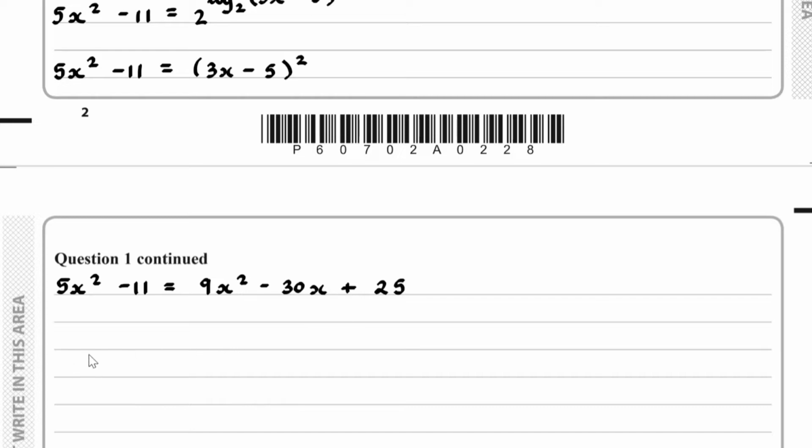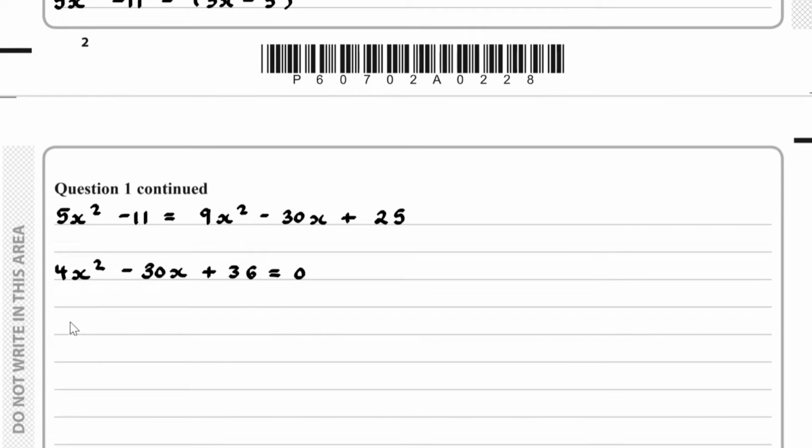And if we simplify, we have 4x squared minus 30x plus 36 equals 0. And now if I divide both sides by 2, we end up with 2x squared minus 15x plus 18 equals 0. And factorising, we have 2x minus 3 multiplied by x minus 6, and this is equal to 0.